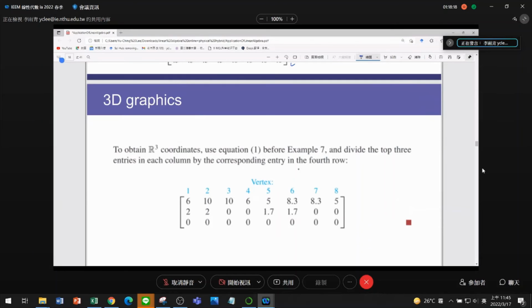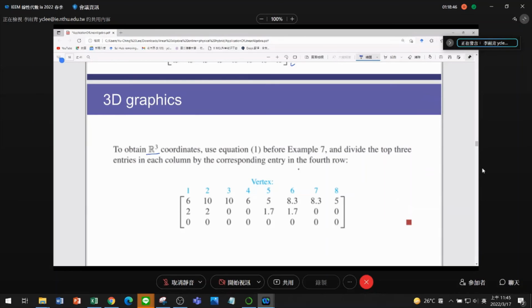So we have already obtained the vertices after transformation on the homogeneous coordinates. But how do we retrieve the R3 space coordinates? After all, it is a 3-dimensional object. What I need is the vertices in their original R3 space.